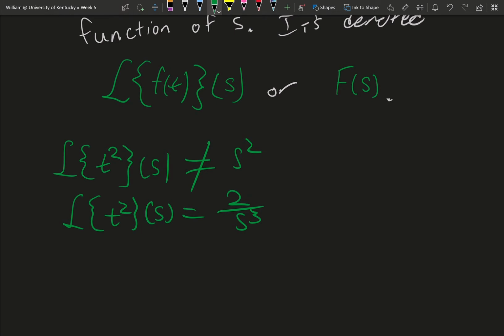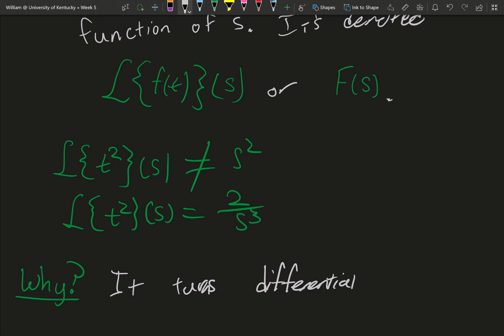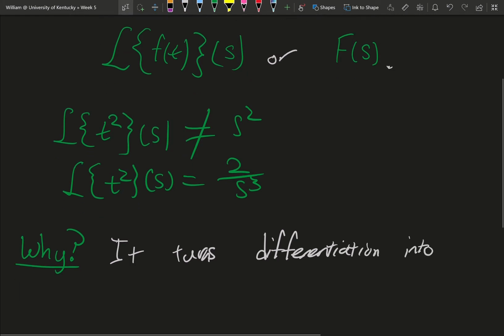But of course, a question I'm sure you're asking is, well, why do we care? Why are we introducing this? Well, the main thing we're going to use it for is it turns differentiation into multiplication by s.